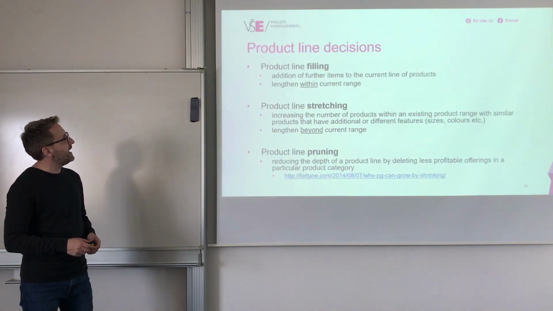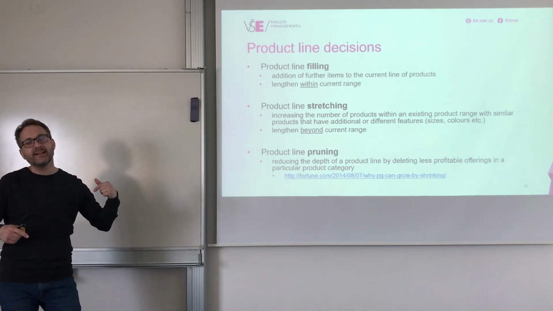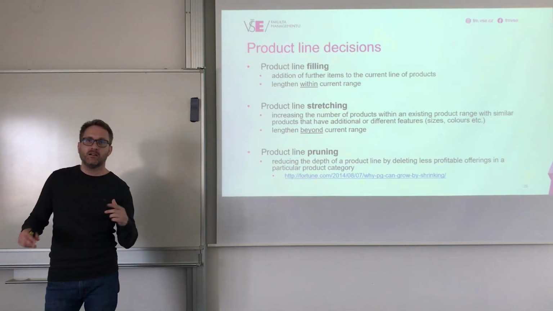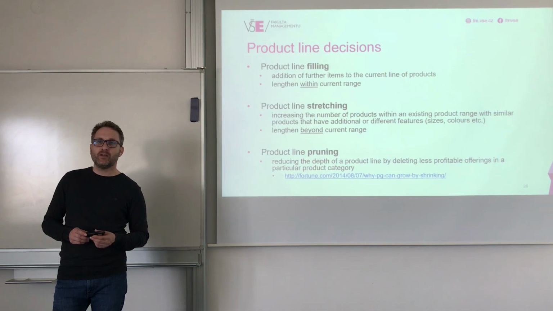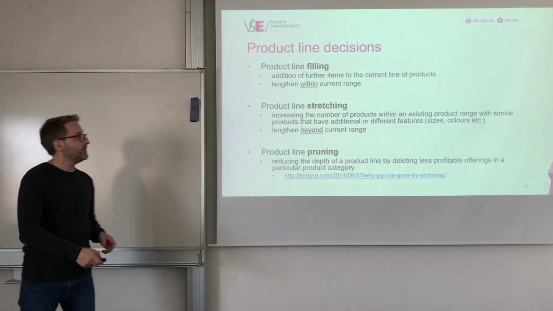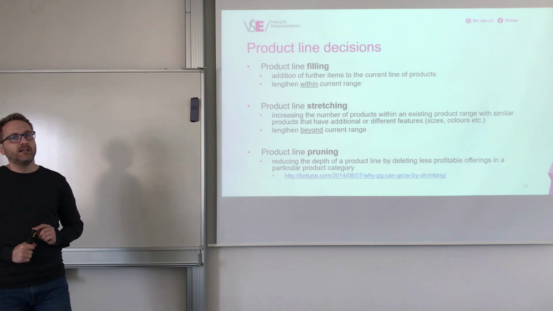Okay, and the last thing would be, well, this is the last slide before the break, and then there will be the last part of the product lecture, and we are going to talk about the life cycle of the product. But before we make a break, just the last slide, this is about the product line decision.